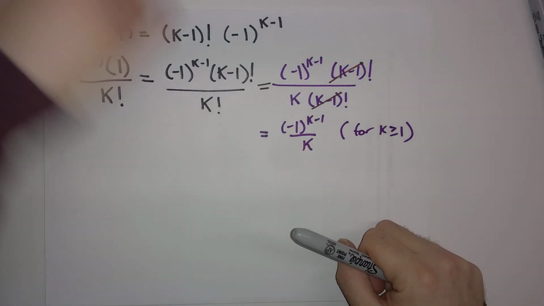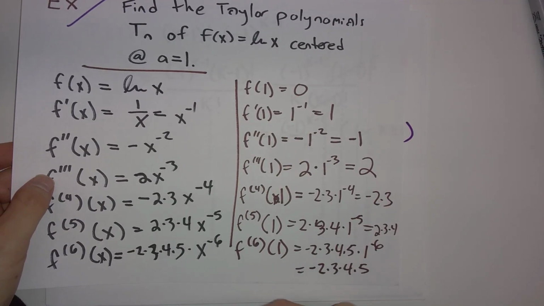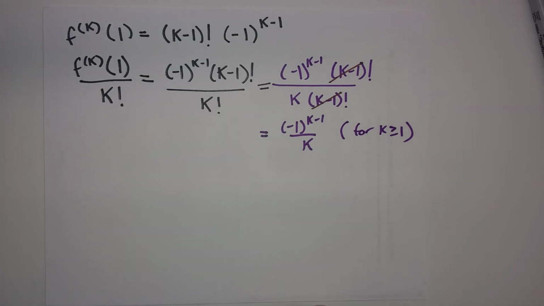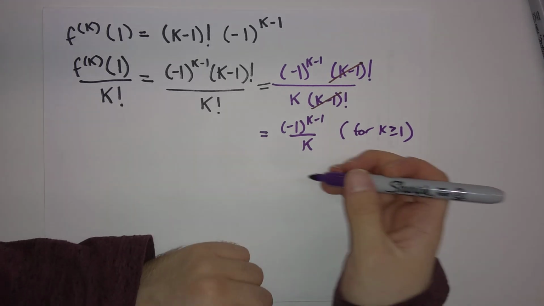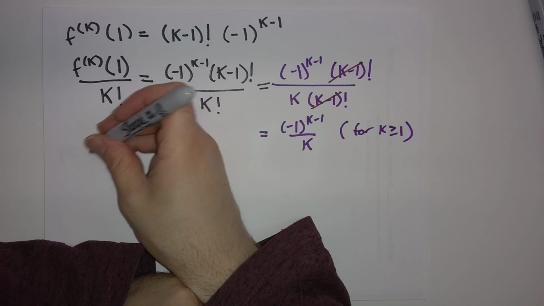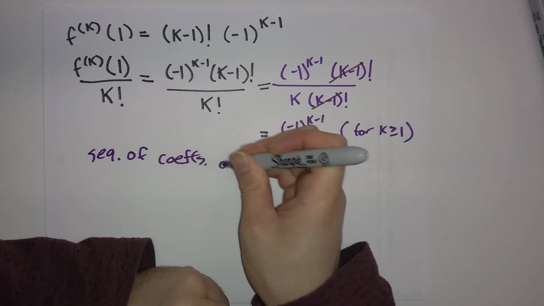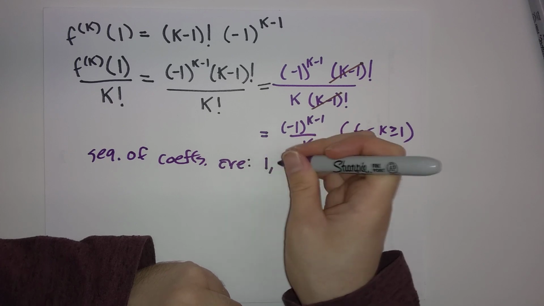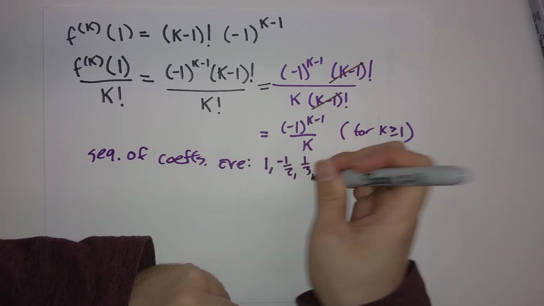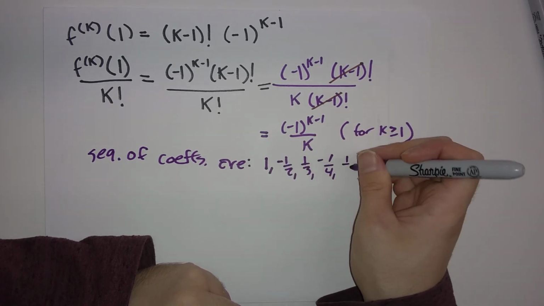If k is 0, we're dividing by 0, but that coefficient was just 0 anyway, so this formula just doesn't work if k is equal to 0. Okay, so the sequence of coefficients is 1, minus a half, 1/3, minus a fourth, 1/5, and so on.